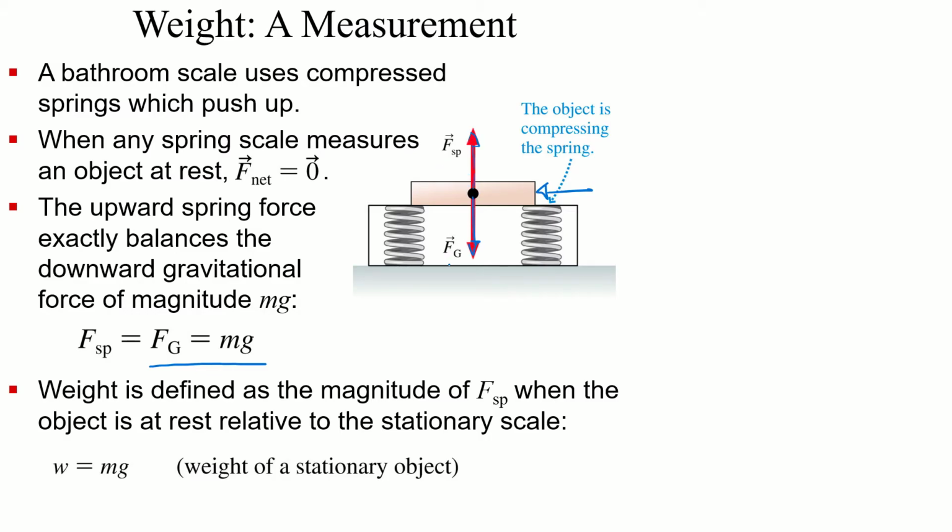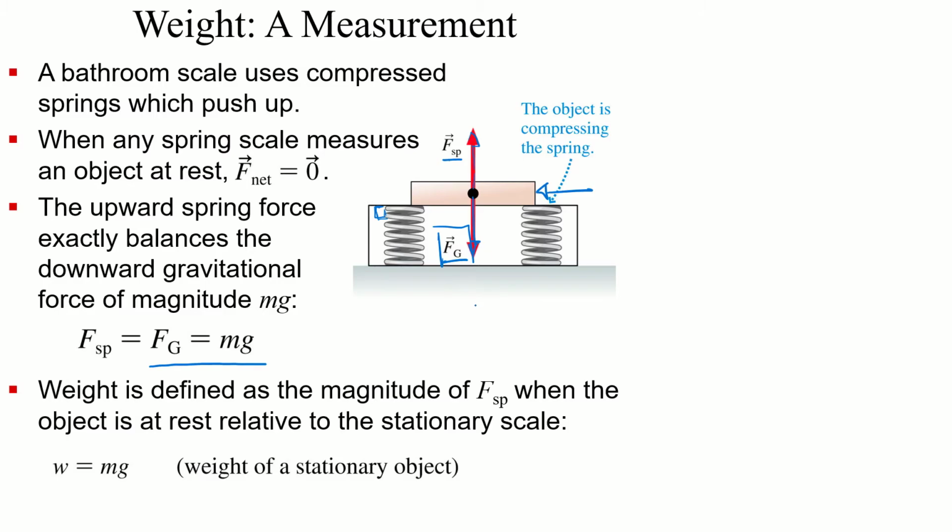The spring force balances the force due to gravity, and you would measure how far the springs compressed. From that you could determine the magnitude of the spring force, and since it's in equilibrium, that would have to equal the force due to gravity. You would have made a measurement of the force due to gravity, and we would call that the weight.